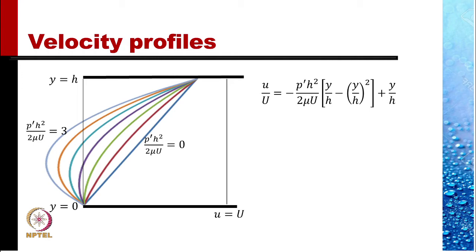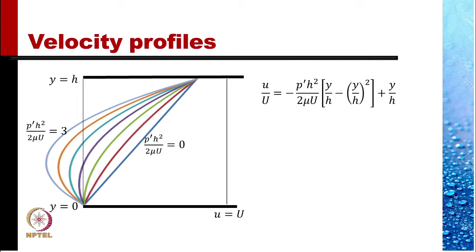The value of u by capital U, as a function of the variable p prime h square by twice mu capital U, varies like this. It is 0 here for this line, and the value is 3 for this line. And this 3 is where Q dot is 0.